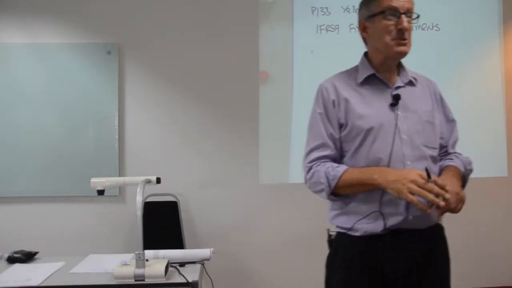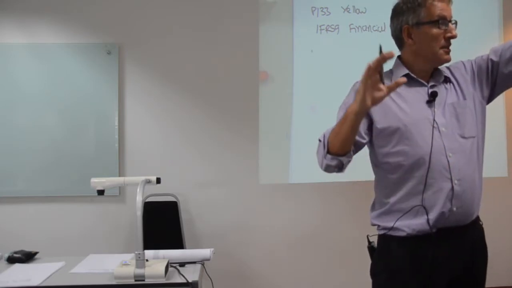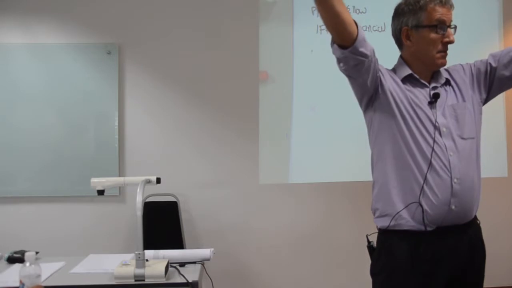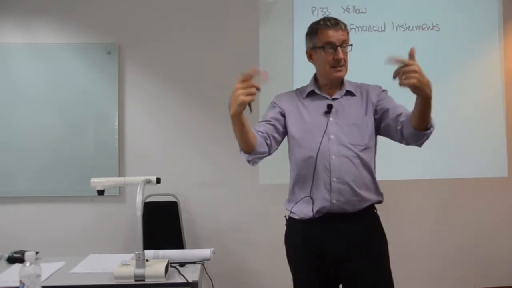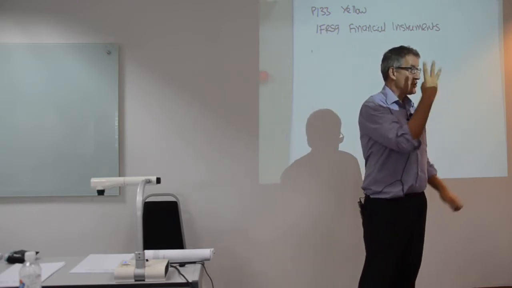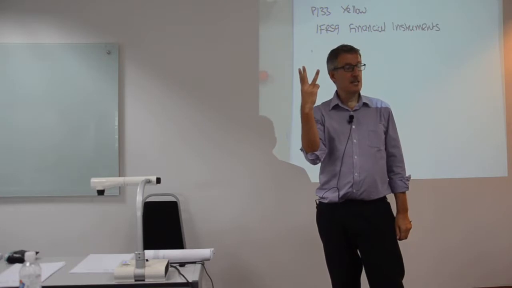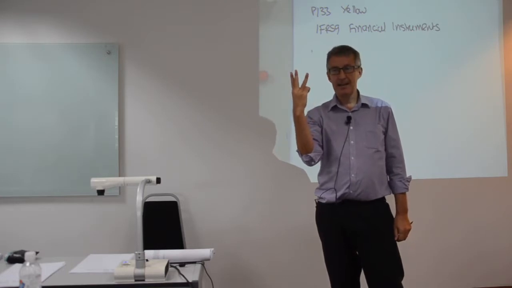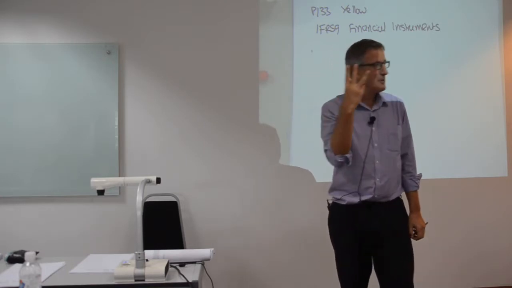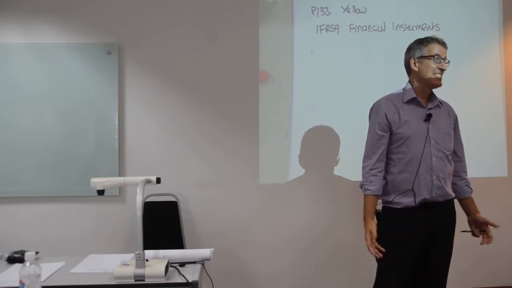So a mixed measurement system implies some are at cost, some are at fair value. I'm looking for three names of financial assets.